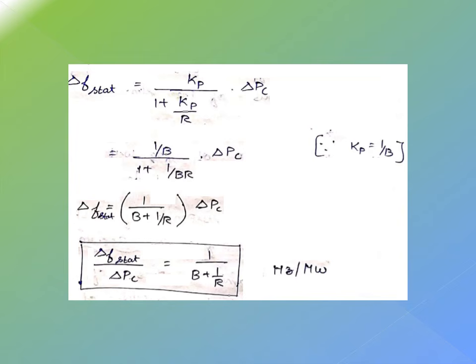And when you take the LCM, your final expression will be 1 divided by B plus 1 by R. You will be able to understand this flow of derivation only if you derive it in your note and see. Kindly copy all this derivation in a note and the flow will be easy to understand.